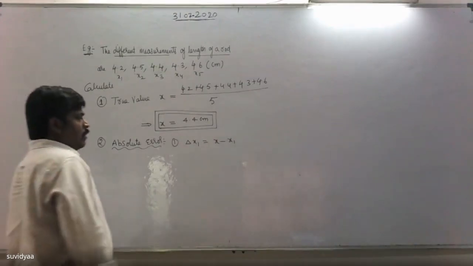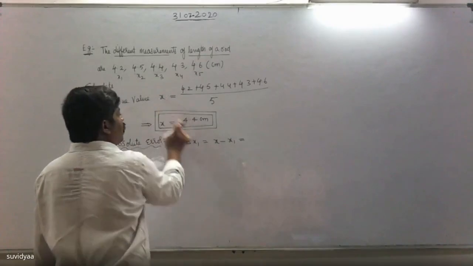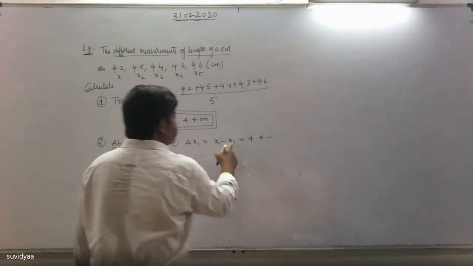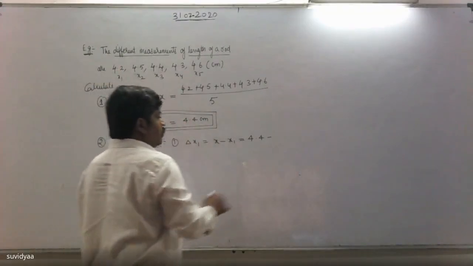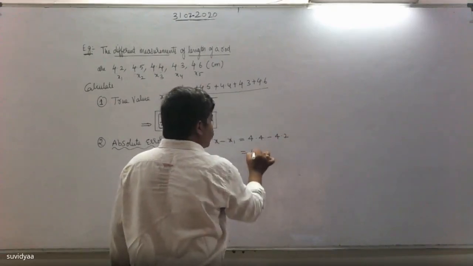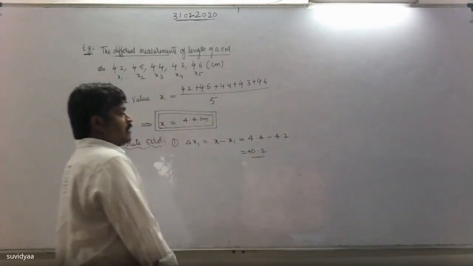So x is 4.4. So 4.4 minus x1, which is 4.2, so that is equal to 0.2. So this is plus.